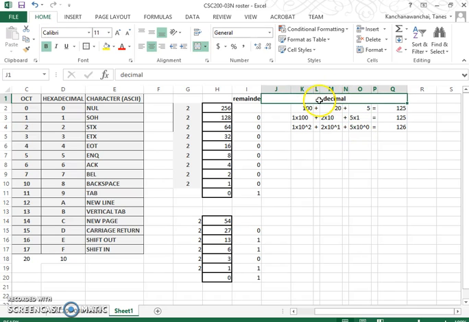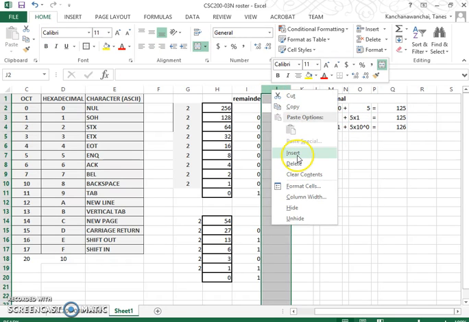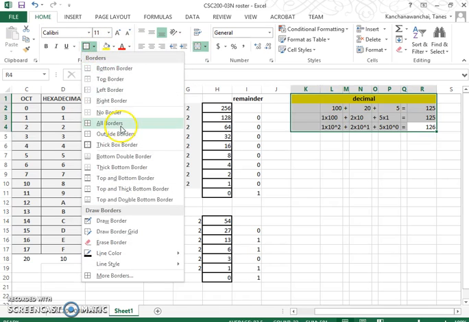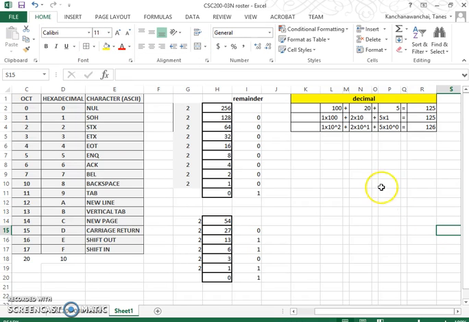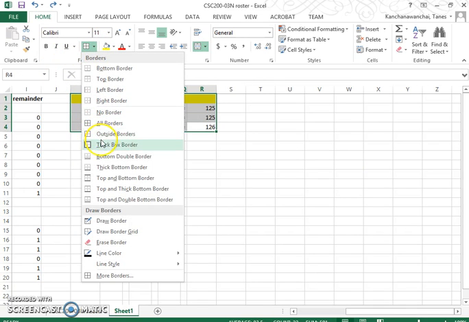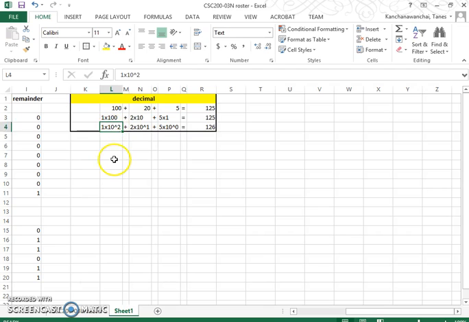We already know why 10. Because it's decimal, right? Decimal is base 10, so that's why the exponents have to be base 10.